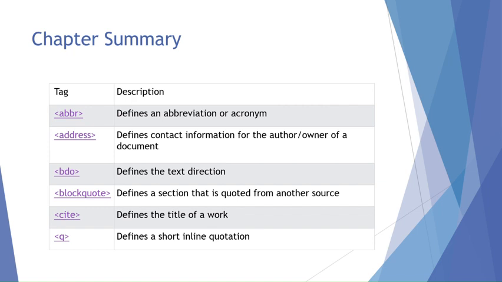BDO defines the text direction. Blockquote defines a section that is quoted from another source. And cite defines the title of a work. Q defines a short inline quotation. So just take a screenshot of it because it will help you the most.